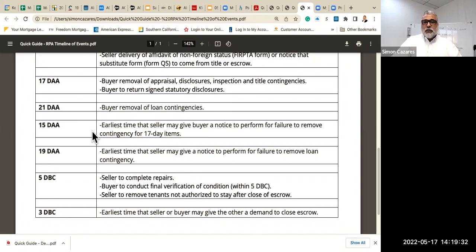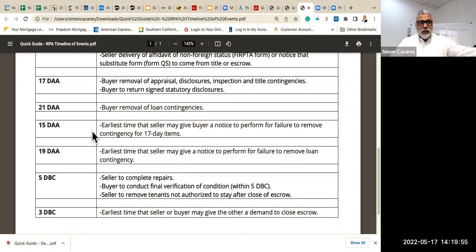What the contract stipulates, very clear, black and white, is that at the 15th day after acceptance, the seller can send the buyer a notice to perform to release that specific contingency.